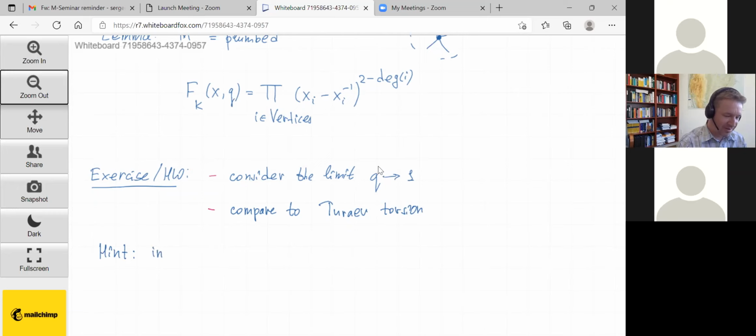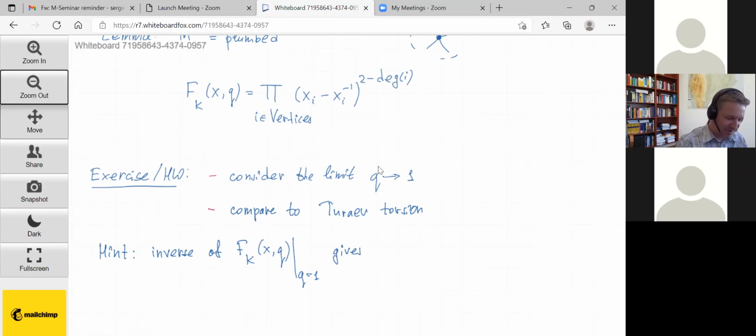Namely, the inverse of this object F_K of x, q, again for just Seifert manifolds, when you evaluate it at q equals 1. Well, I'm sorry, your formula does not depend on q. F_K of x. Sorry. Yes, that's right.